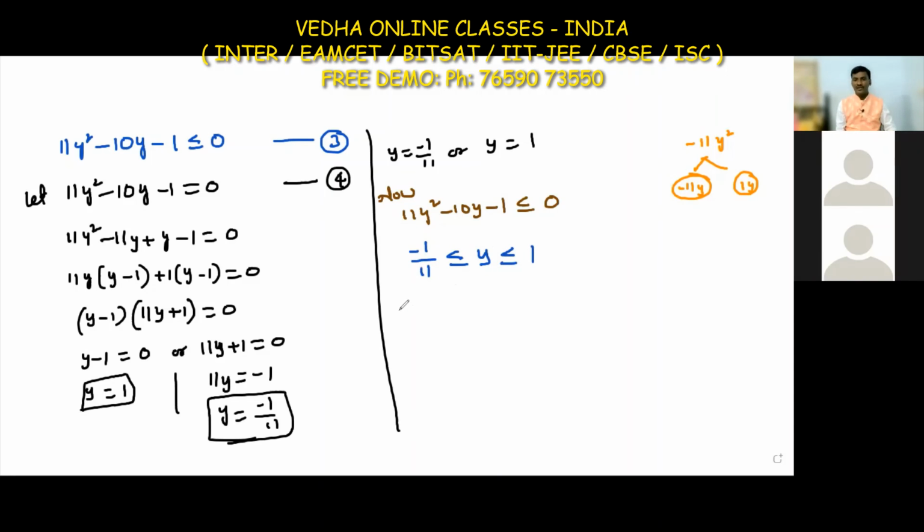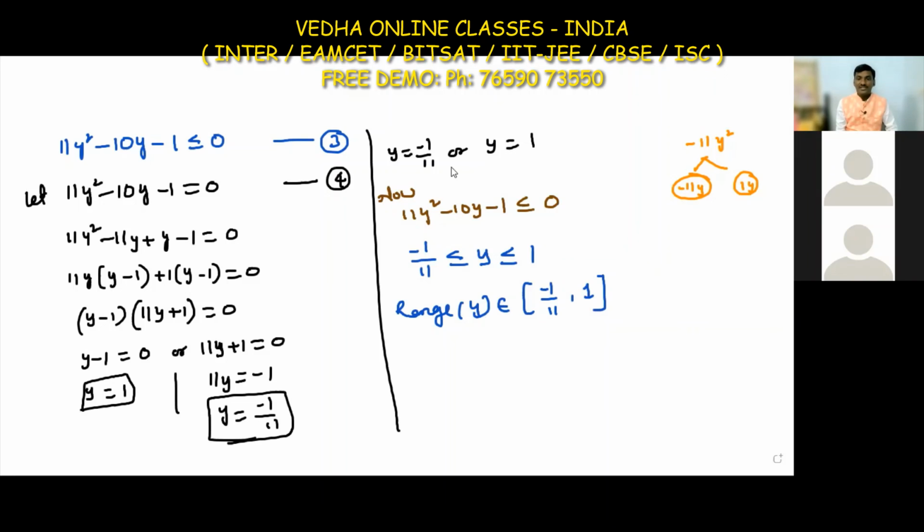The range we can write as y belongs to minus 1 by 11 comma 1. What does it mean here? It starts from minus 1 by 11, and we can take the values of y up to 1, less than 1 and more than minus 1 by 11. It means y lies between minus 1 by 11 and 1.